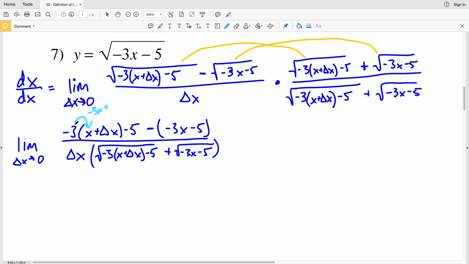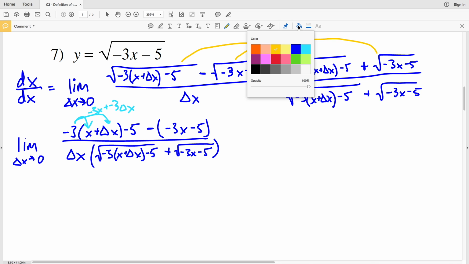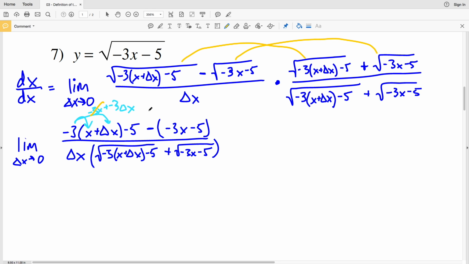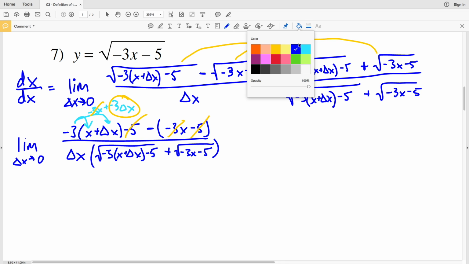And I'll be adding that to negative 3 times delta x. However, you'll see that that negative 3x cancels out when I subtract another negative 3x, because negative 3x minus negative 3x is 0. And then I have negative 5, and I'm subtracting a negative 5, so that will be 0. So the only term I have remaining in my numerator is negative 3 times delta x.